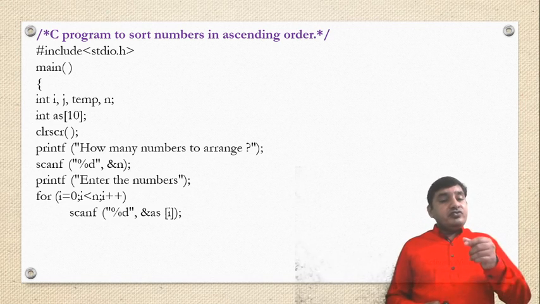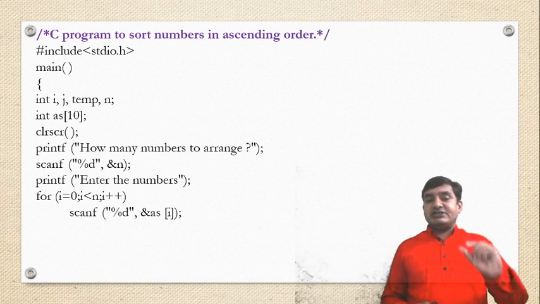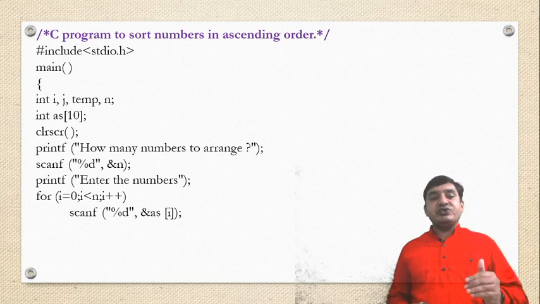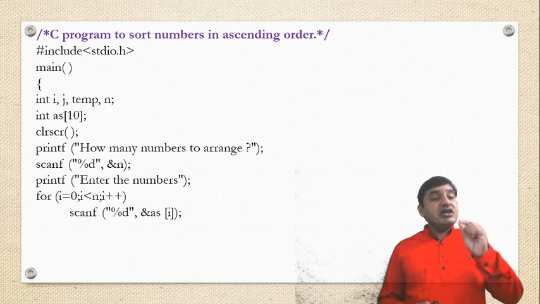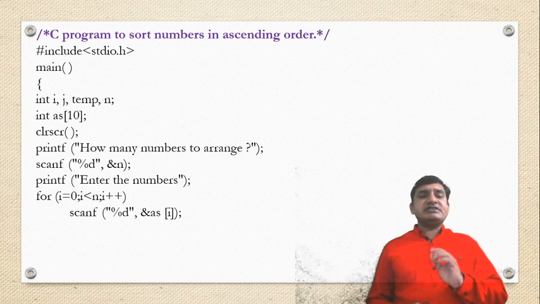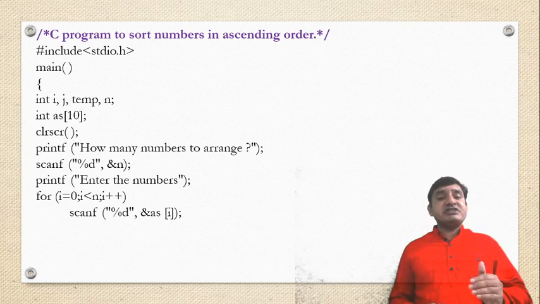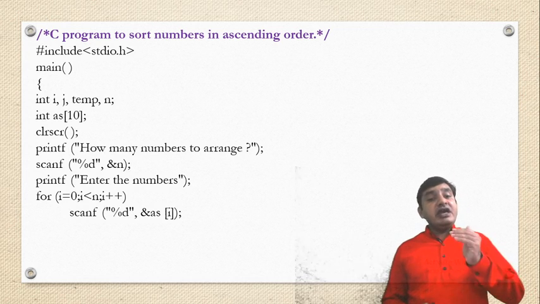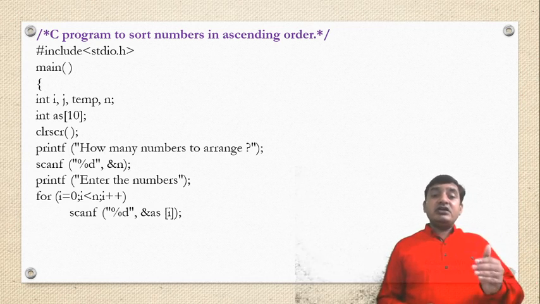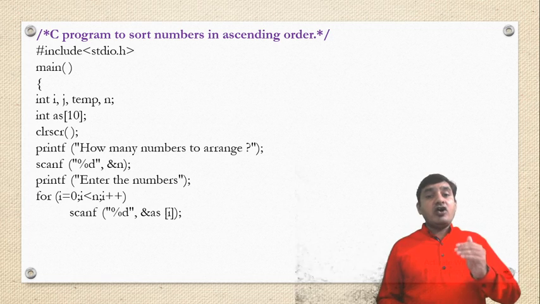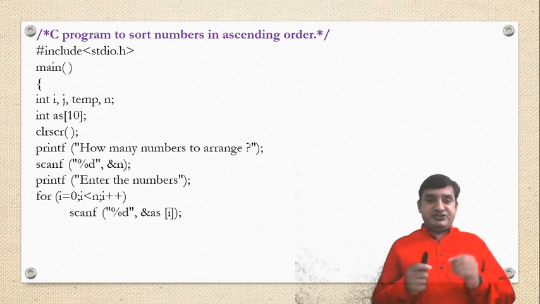Now this for loop is executed until the condition i less than n is no longer satisfied, and while this condition is satisfied, we enter the different terms.